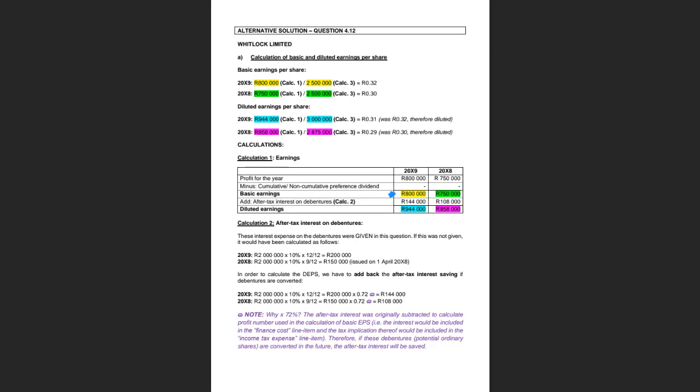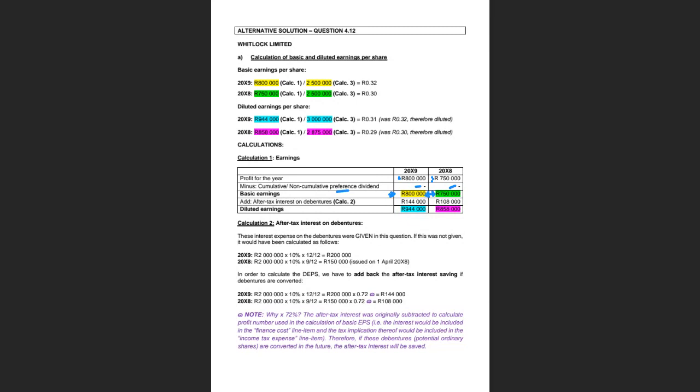Cumulative, non-cumulative preference dividends, right? No, not in this question, but we must always put that in our calculation because in our other questions it might come up. So we started off with 800,000 and 750 in the prior year. There were no preference dividends that we need to take into account. So in fact, our profit is exactly the same as our basic earnings.